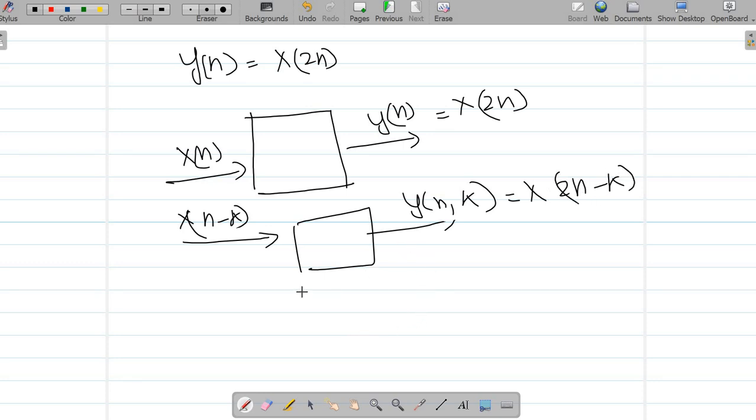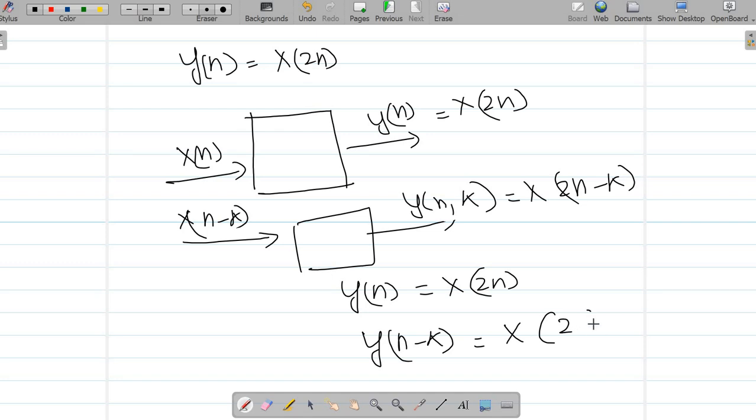Now I take y of n and shift it, which is x of 2 times n minus k. Now you can observe that both are not equal.